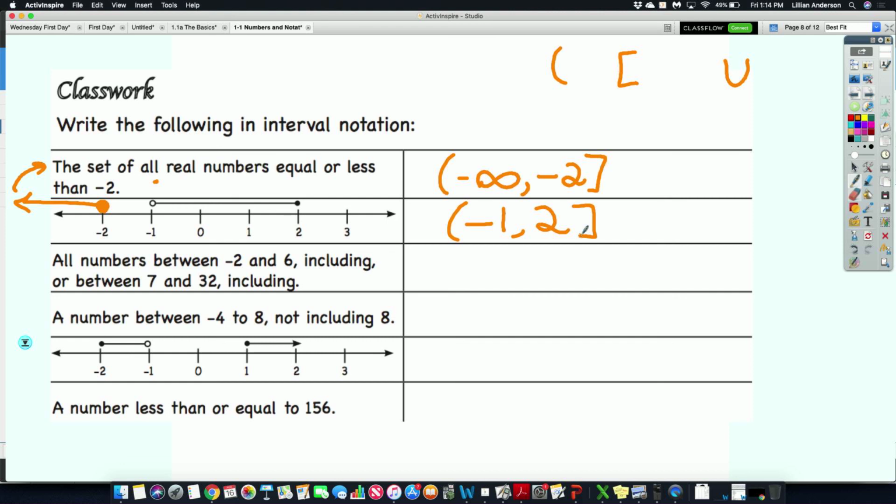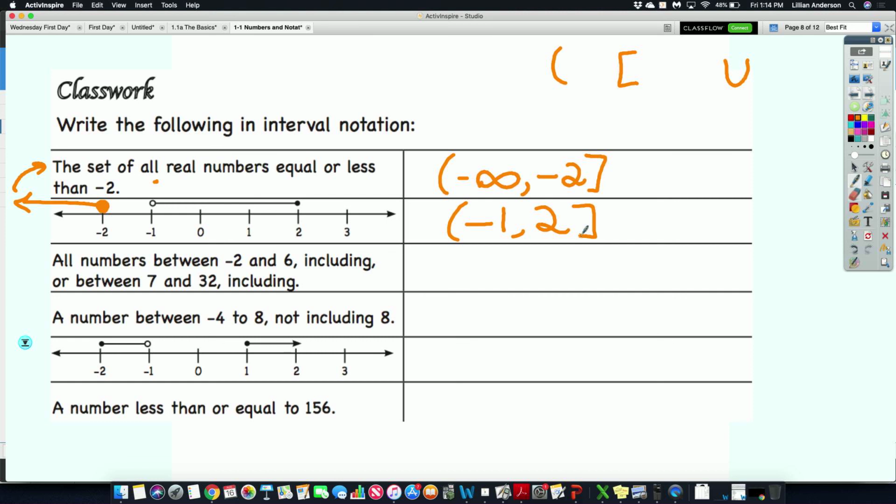Okay? This one, it says all the numbers between -2 and 6, including, or between 7 and 32, including. Okay? What does including mean? Square brackets around these two. Union.